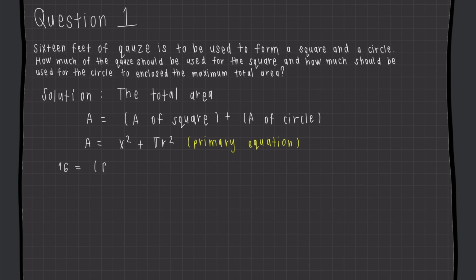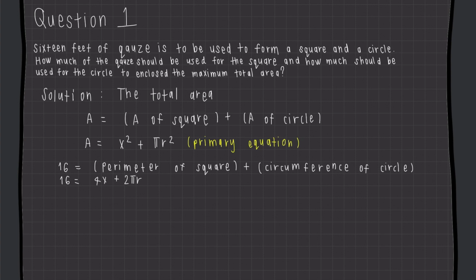Because the total length of the wire is 16 feet, 16 is equal to the perimeter of the square plus the circumference of the circle. So we can write the secondary equation as 16 equals 4x plus 2 pi r.